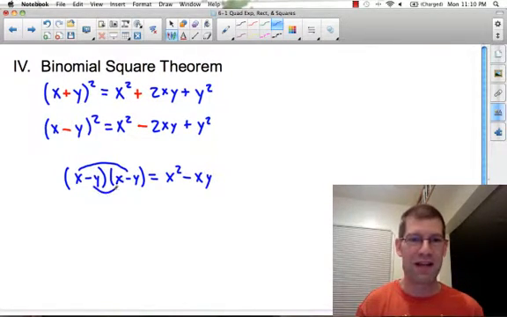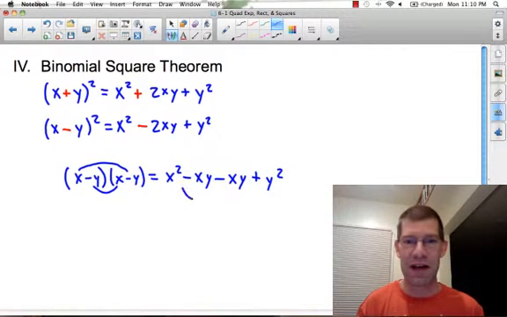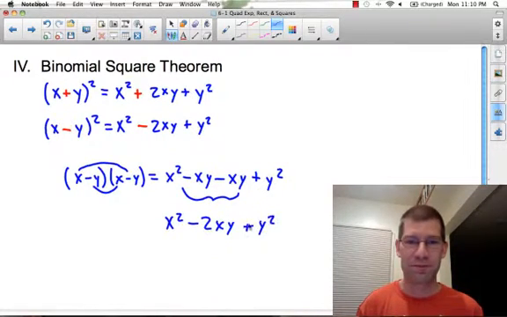Then when I do my inside, I still have a negative and a positive for a minus. Write them alphabetically, so you have xy. And now I have a negative y times a negative y. The two negatives make it plus y squared. Then if I combine these two together, I end up with an x squared, negative xy minus xy, like I was saying before, so minus 2 of the xy's plus the y squared.